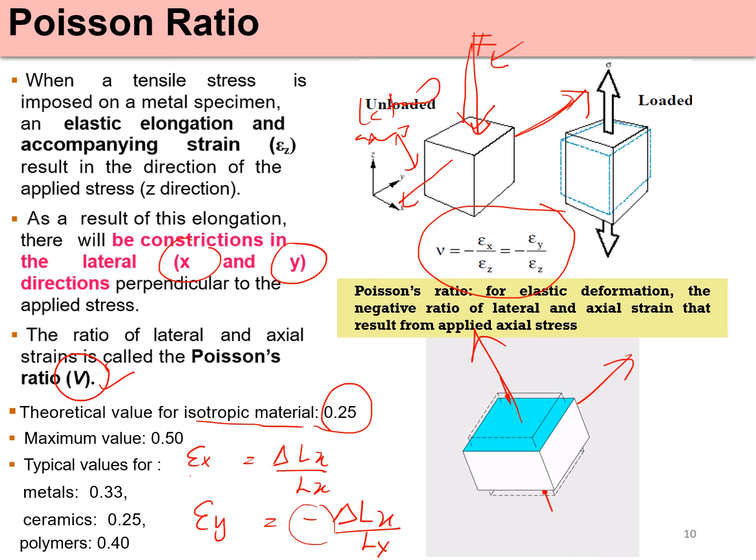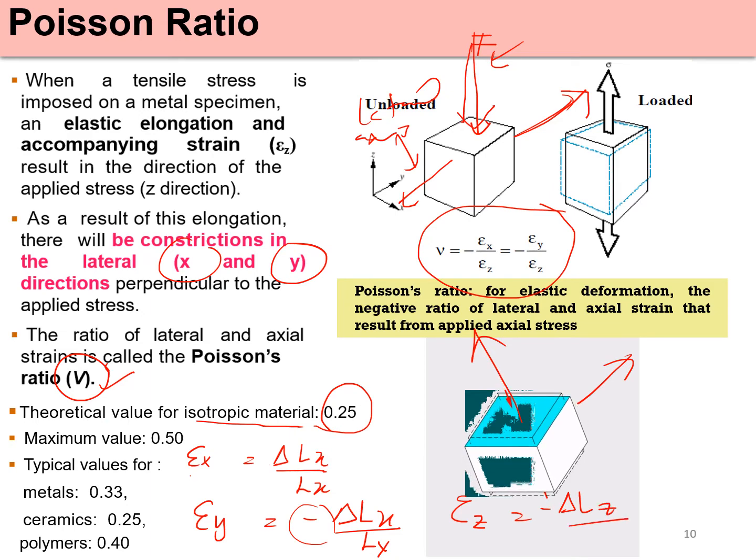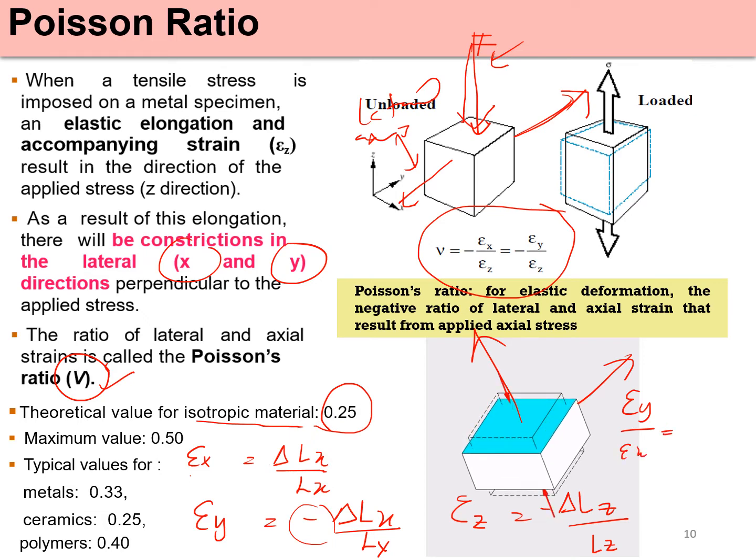Another one is that we also use the epsilon or strain in the z direction, which is equal to the change of length at z divided by the original length at z. So basically the strain in y over the strain in x is equivalent to the strain in the z direction over the strain in x.